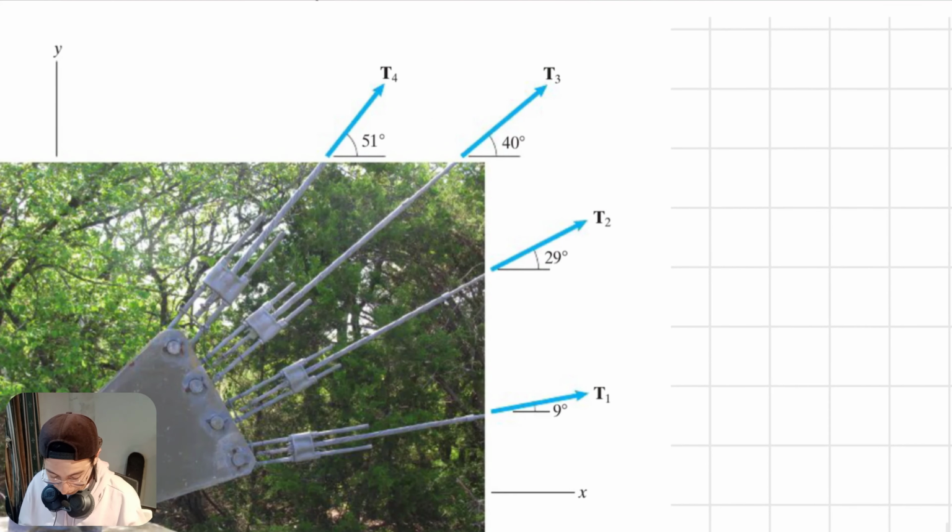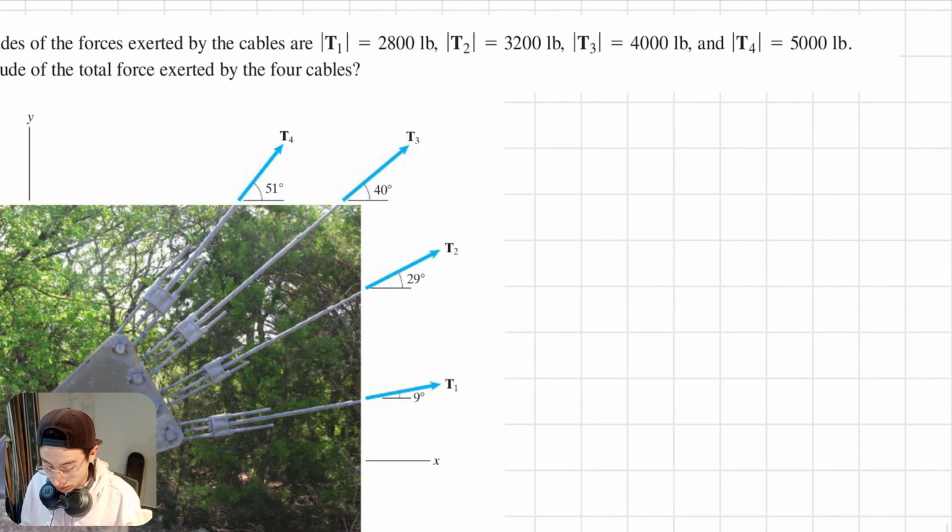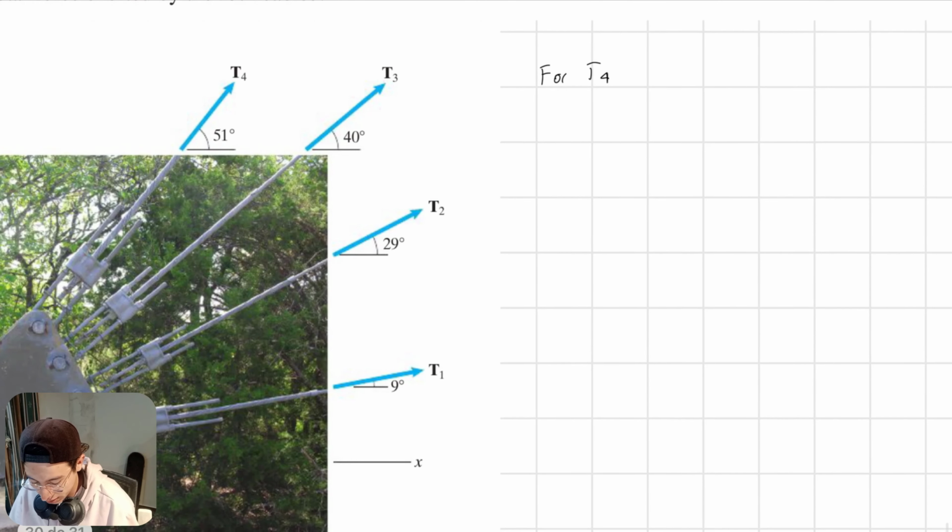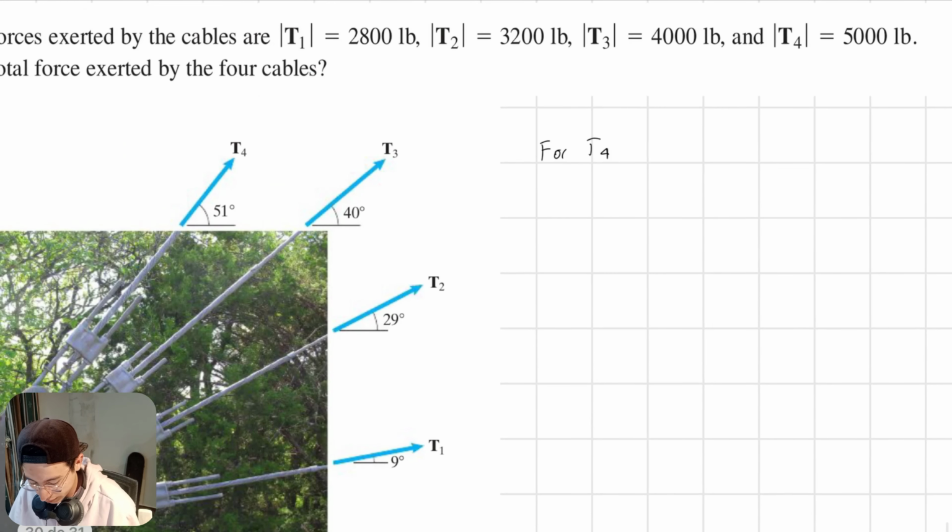Now, how are we going to do this? Well, as always, I'm going to solve the exercise, and next explain what was needed to solve it. For T4, we have a 51 degrees angle. That means, well, actually a bigger title would be 4x, the x-axis.